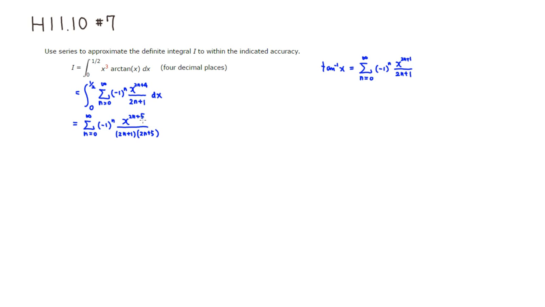Then we want to evaluate it from 0 to 1/2.